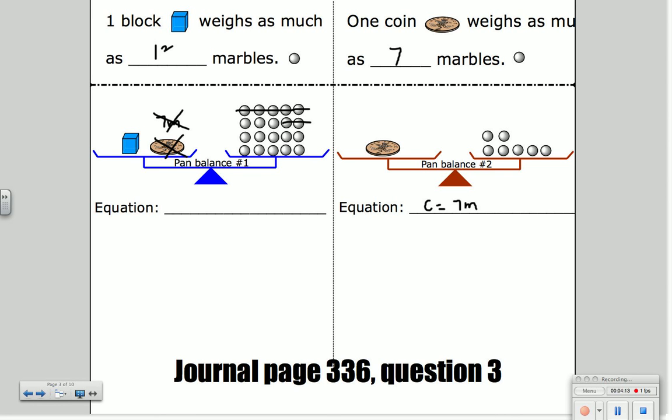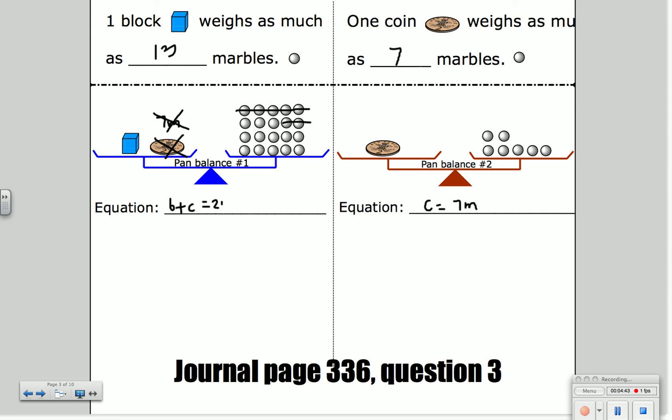Now, I know you don't have a spot on your page to write out an equation. The reason I have that here is I thought it would be easier for you to see how this turns into algebra later on. What this equation would have been when I had the block and the coin: I would have had a block on this side plus a coin on this side, and it equaled 1, 2, 3, 4, 5, 20 marbles on the other side.